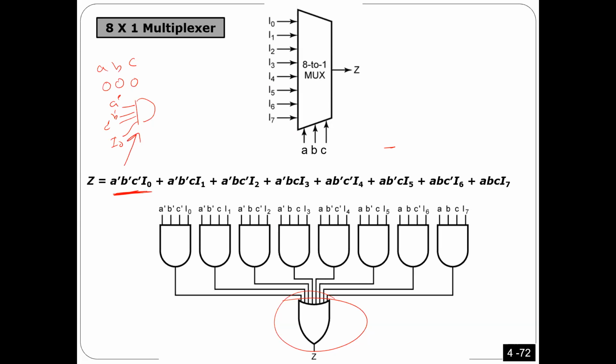Let's do number 5. Number 5 is 1, 0, 1, again A, B, C. So it has to be A without prime because it's already 1, B prime, C, and then I5. That's it.